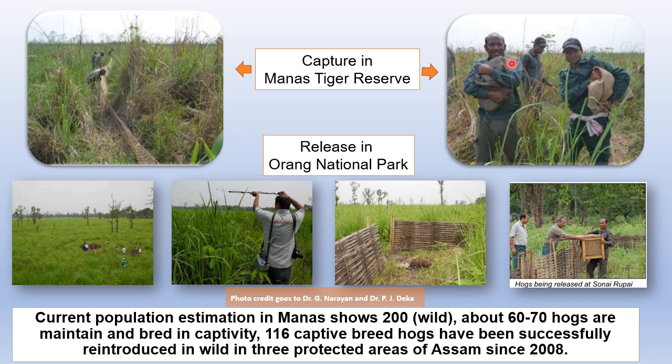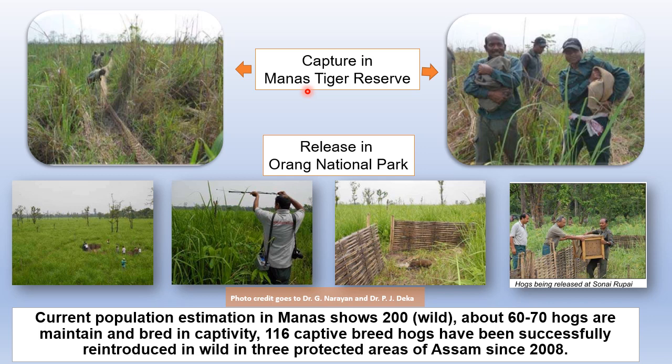These 2 above photographs show the capture operation in Manas Tiger Reserve. Since the size of the initial founder population was very small, only 6 in number in the captive breeding center Basistha, plans were made to capture some more hawks from Manas in order to improve heterozygosity and survivability of hawks.